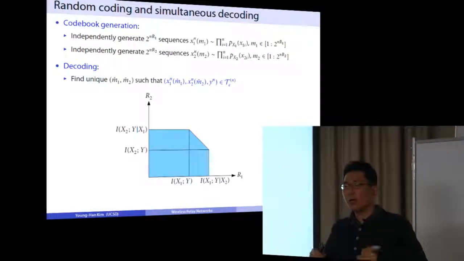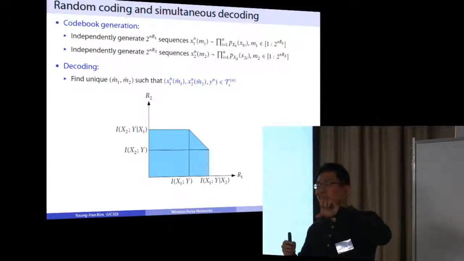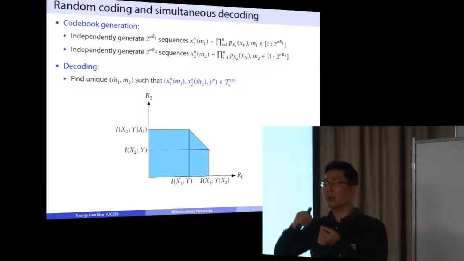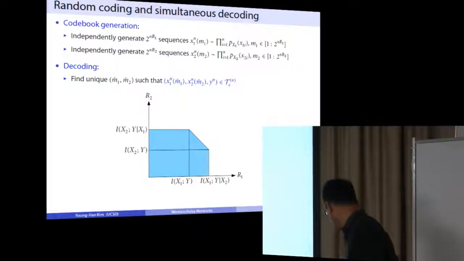In other words, when you have many inputs, some of them may actually look as if they are a true input, even though they were generated independently. And there is a very sharp threshold coming at mutual information.